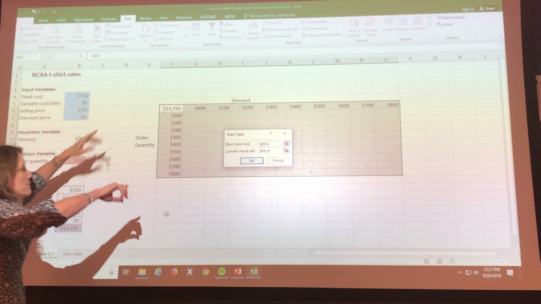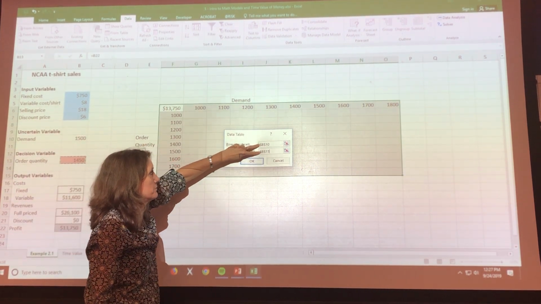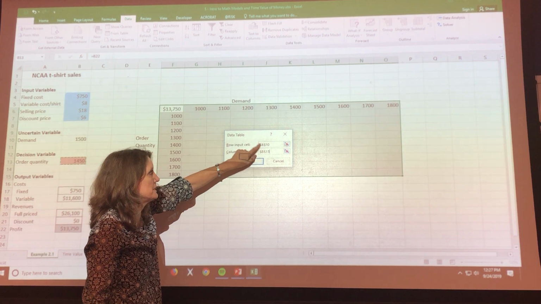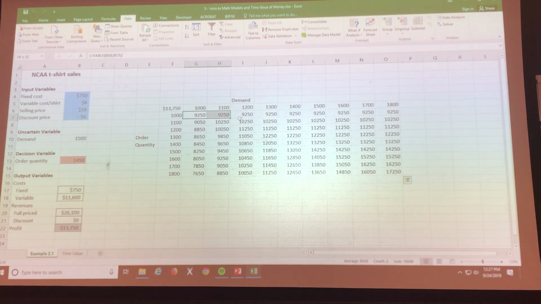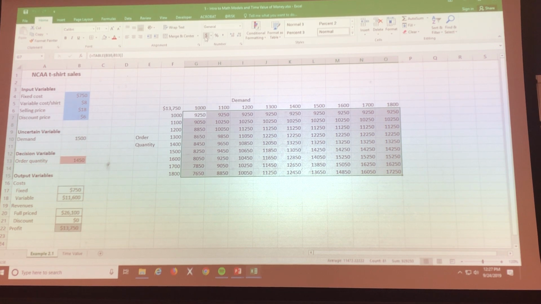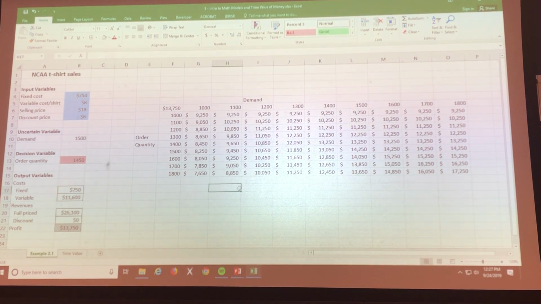Set it all up, put a reference to the profit cell here, put in as my row and column input B10 and B13. I click OK. Make those numbers a currency-like thing if I wanted. But either way.